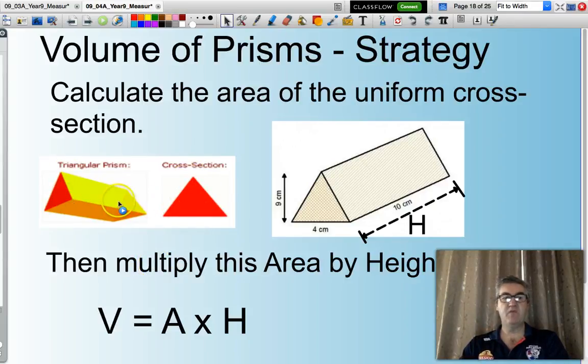That area, multiply that by its height. So volume equals the area multiplied by the height. And that's the only formula you really need to know to calculate volume. So let's have a look at a couple of examples.